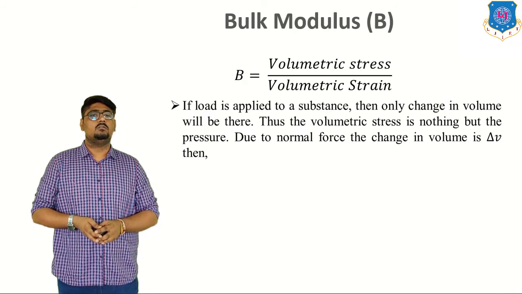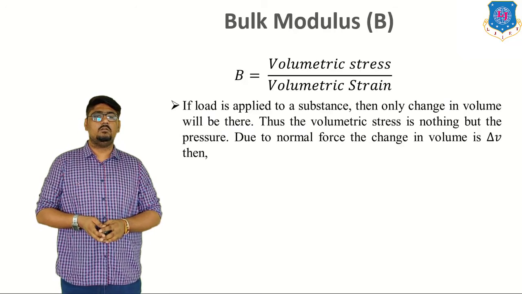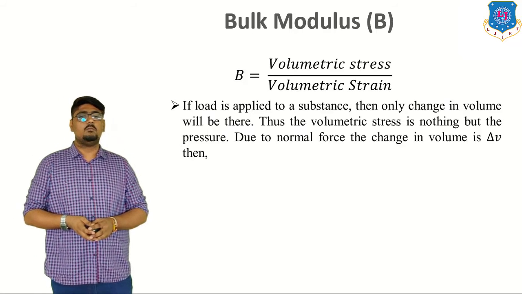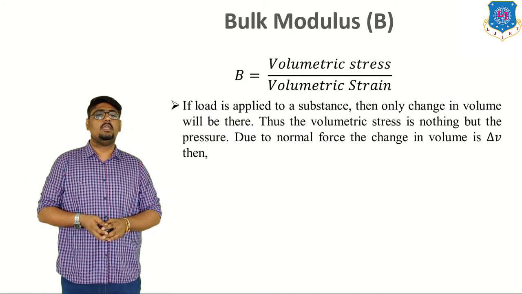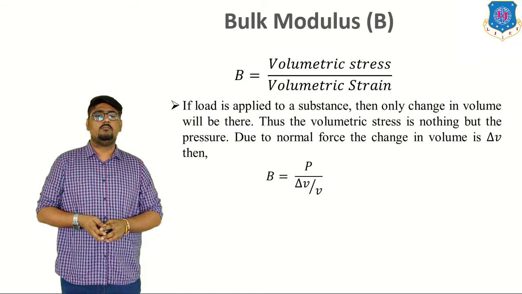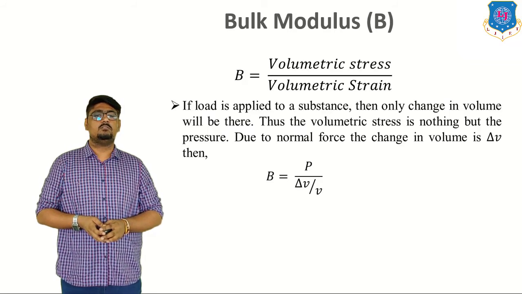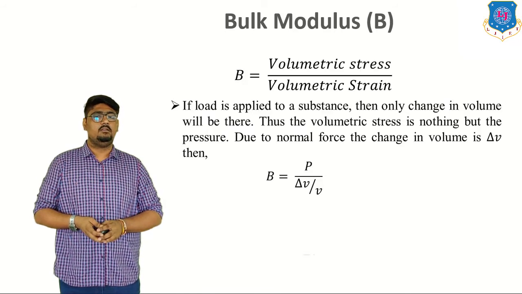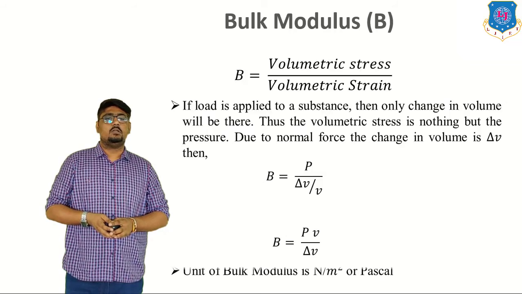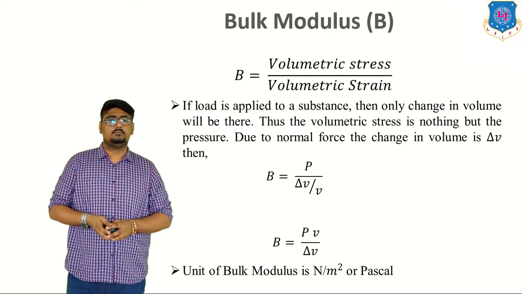Due to the normal force, the change in volume is delta V. Then B, the bulk modulus, is equal to P by delta V by V. So on rearranging, we get the equation bulk modulus is equal to P into V by delta V. Here again the unit is Newton upon meter square or the Pascal.